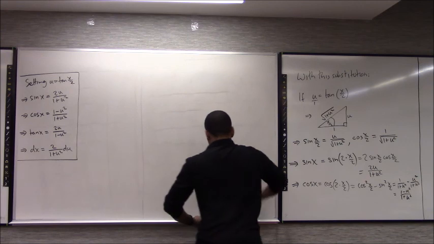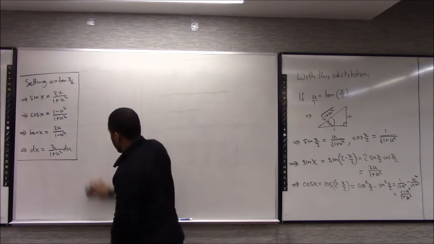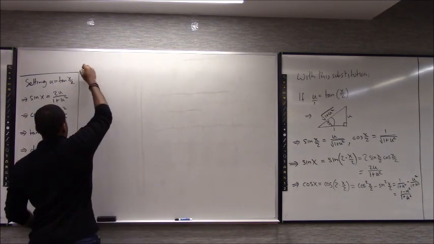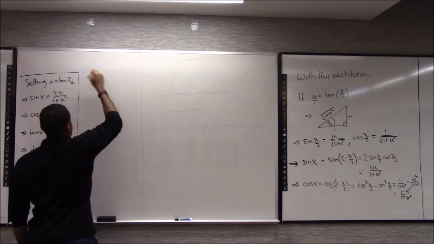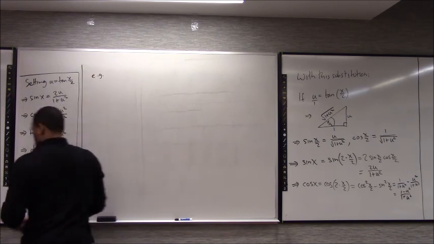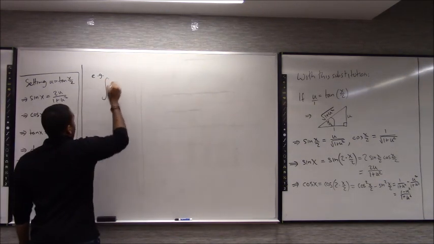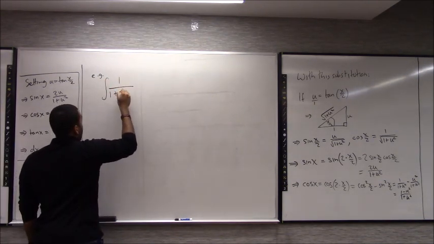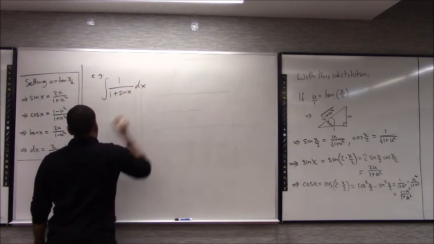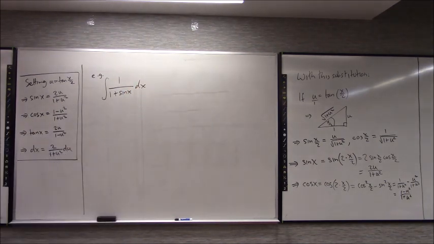Now first I'm going to do an example that there's another way to do it, and we'll probably do it the other way afterwards. But just to start off, let's do this. So there is a rational trig function.